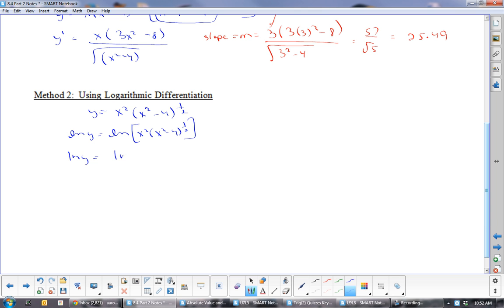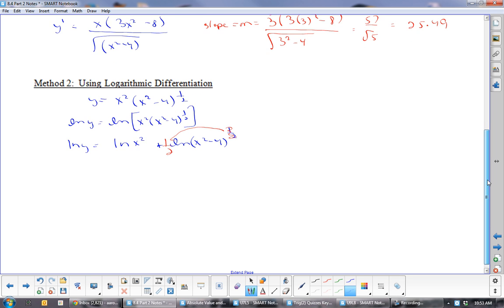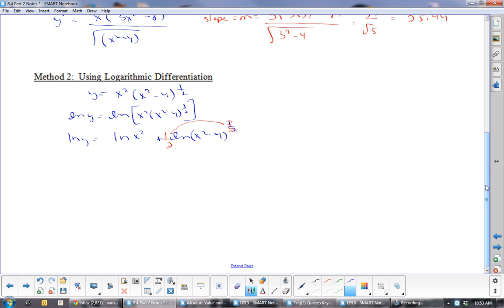So that would be ln x squared plus ln of (x squared minus 4) to the half. And to save a step, I can put the half down here right now. And once you have it split up as much as you can, then you can just differentiate.